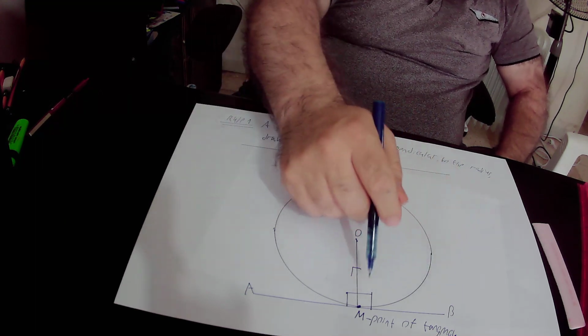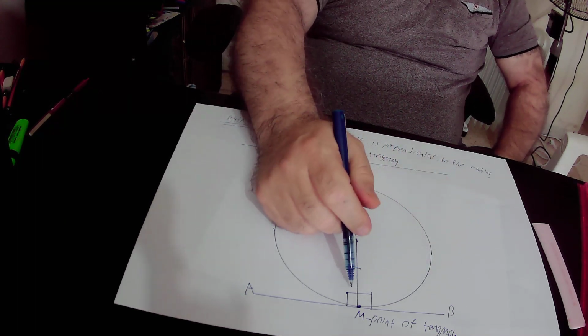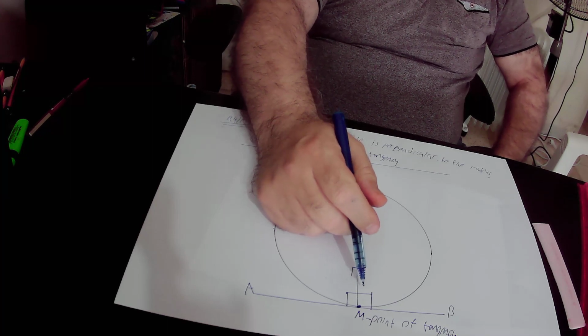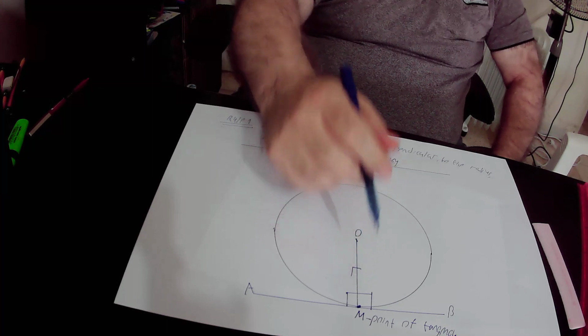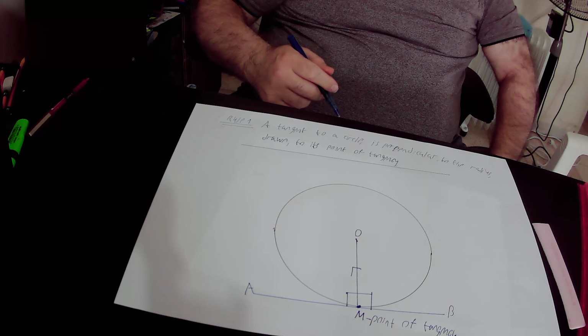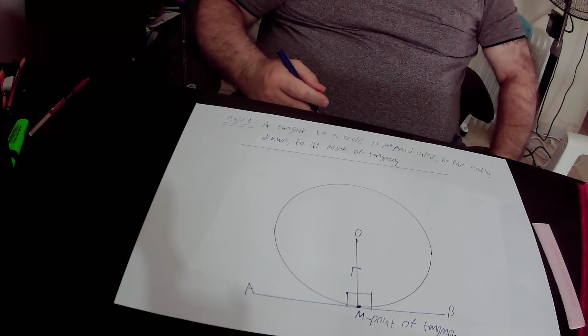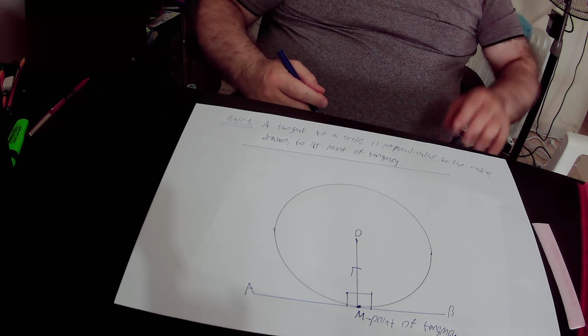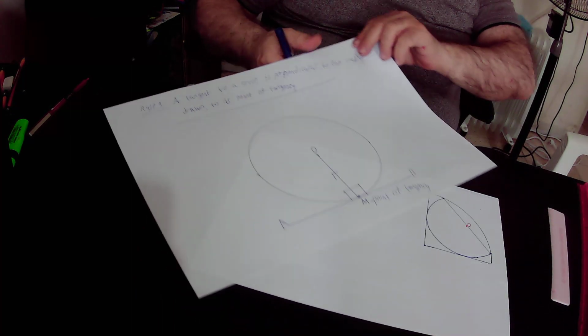AB is perpendicular to MO, that is to say this angle will be equal to 90 degrees and this angle will also be equal to 90 degrees. Okay, so we can actually implement rule number 1 in our drawing.